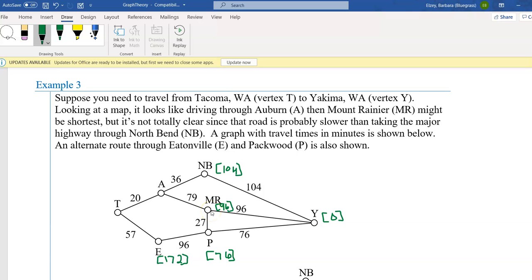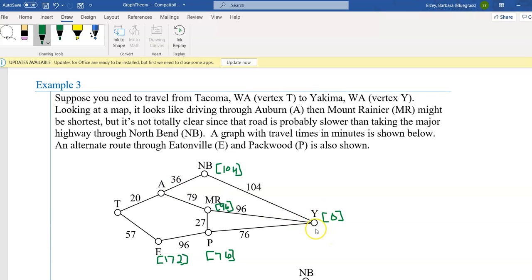All right, now Mount Rainier, we can get to Mount Rainier in a number of ways here. We can come from P, which is Packwood. We can come from A, which is Auburn. But let's note several things.